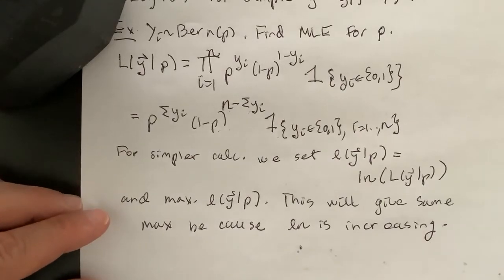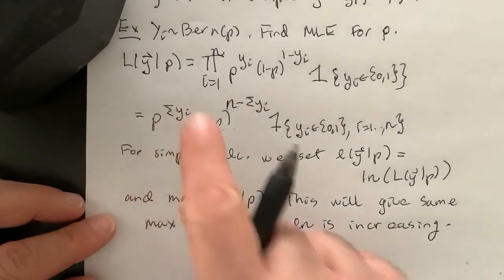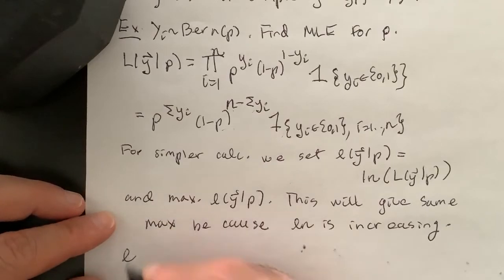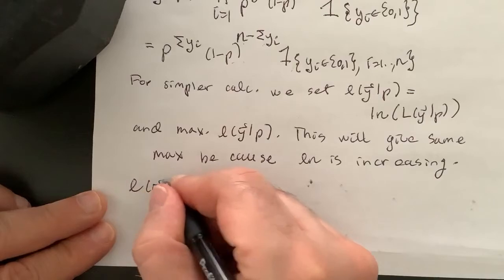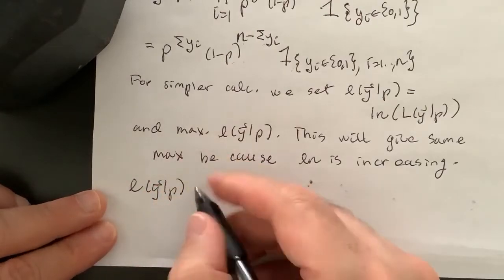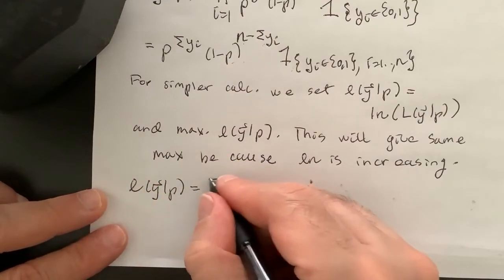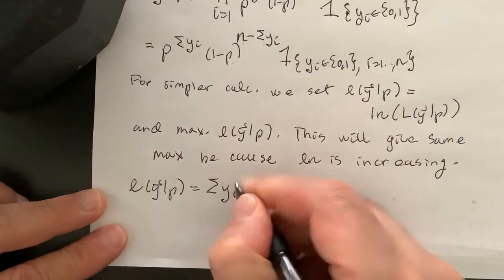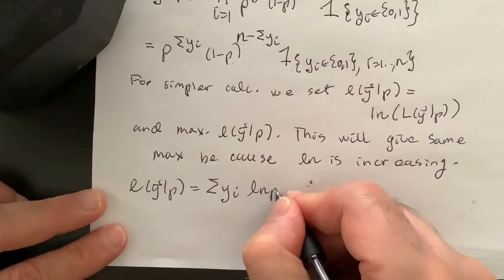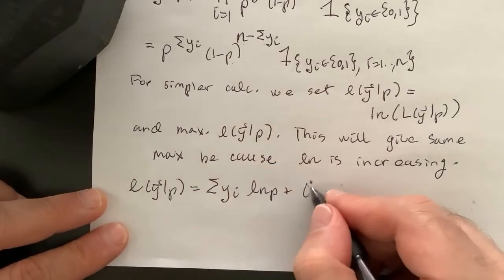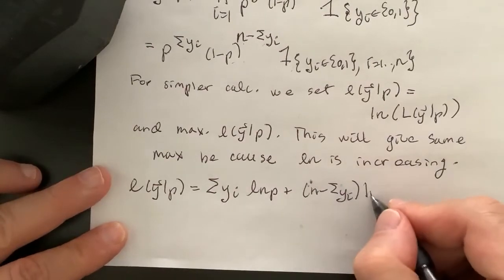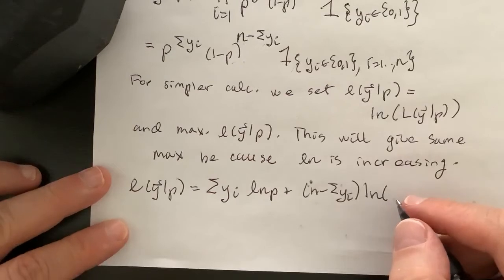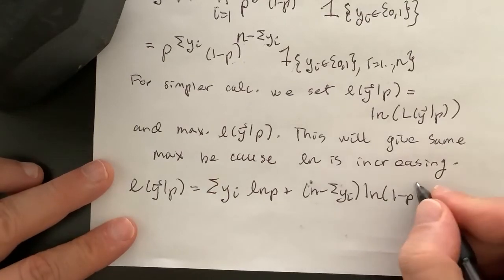Okay? All right, so doing this, we can take the log up here. So we have script L of y given p is equal to sum yi ln p plus n minus sum yi ln of 1 minus p.